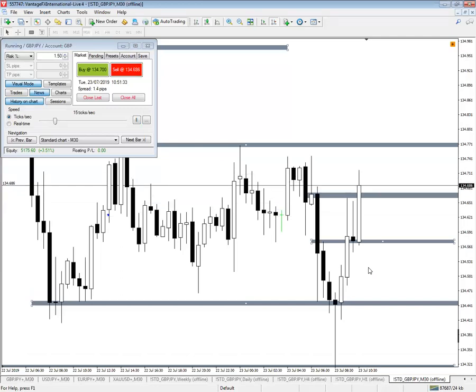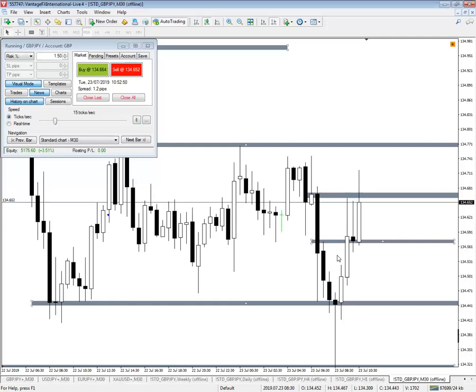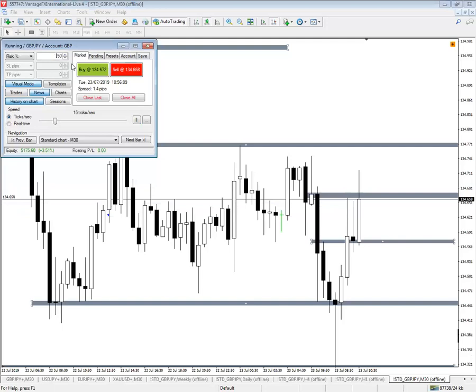Wow, candle's pushing up here. So we've got a few minutes for this candle left to close. And finally, we can use normal risk too, because it's midweek.